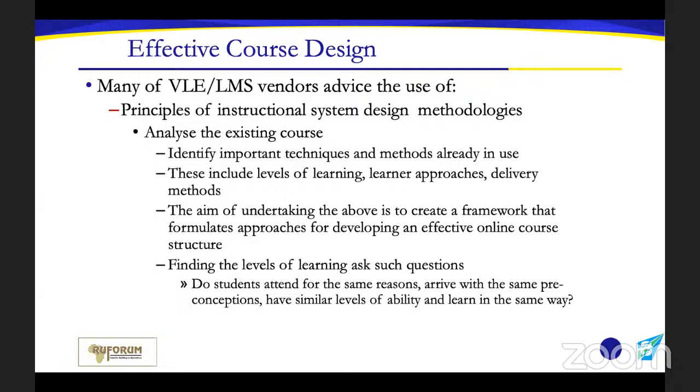And therefore, if I'm taking this approach, that means these are the delivery methods I have to deploy. So in such a situation, you create a framework so that when you move into the actual content implementation, you know what to do when and what to apply, because you've already established that framework to guide you.